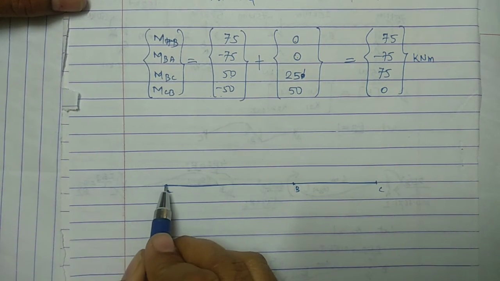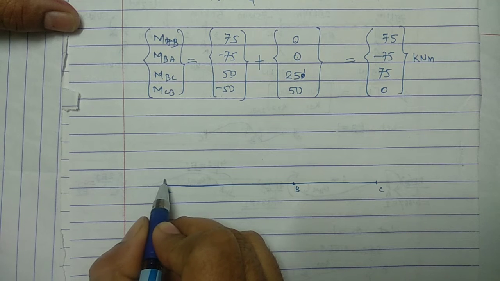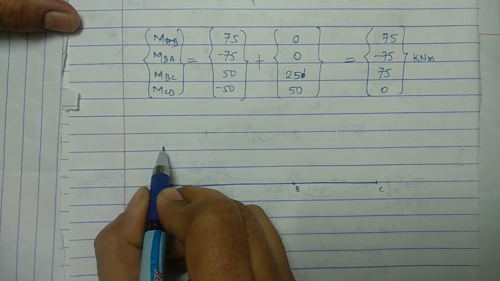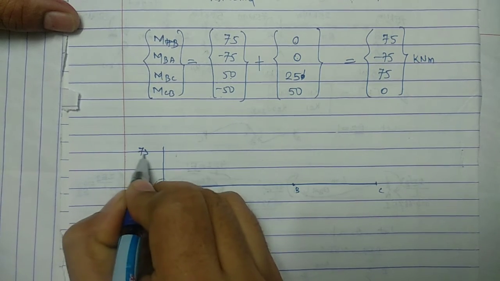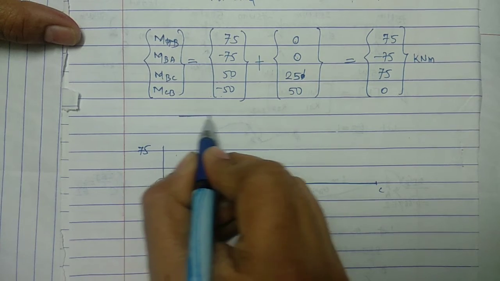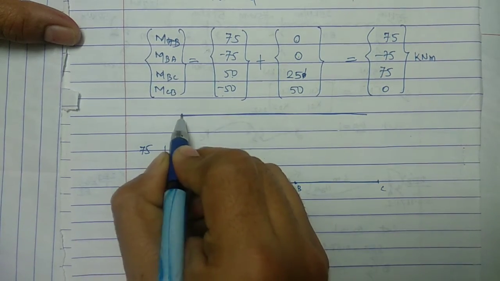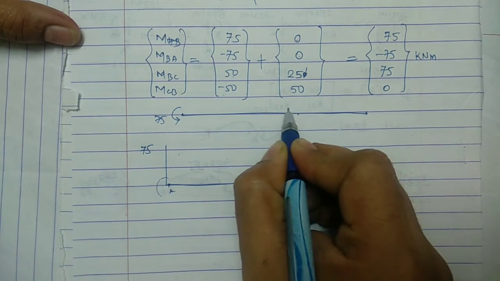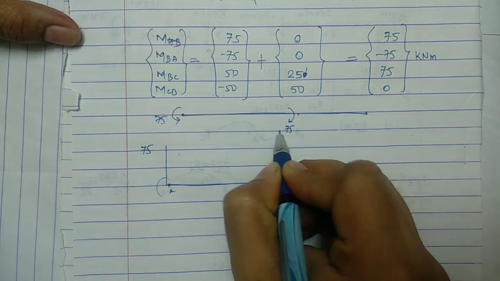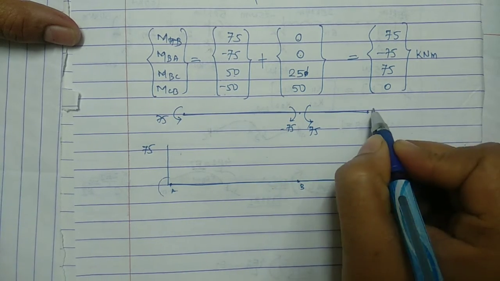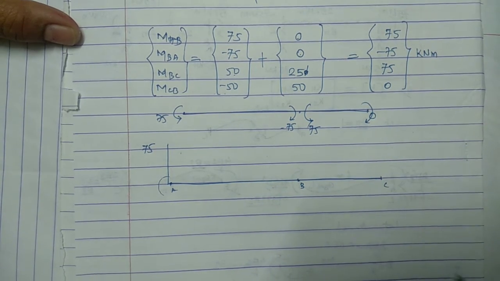ABC. AB moment is anti-clockwise. So for this anti-clockwise moment, this 75 ordinate is in the upward direction. Then here, I will show the moment: AB 75, BA minus 75, BC plus 75 anti-clockwise, and this moment is 0. Okay.